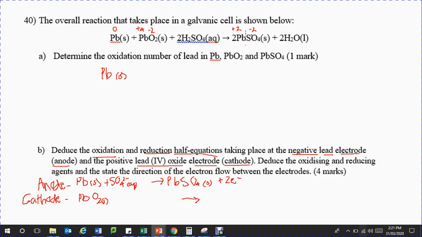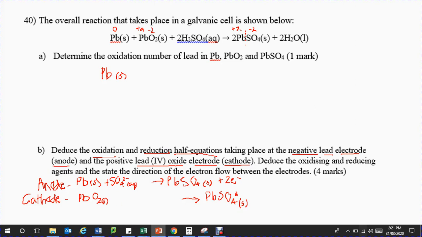It's going to lead sulfate, PbSO4, solid. So I've got my lead oxide as the reactant and lead sulfate as the product.